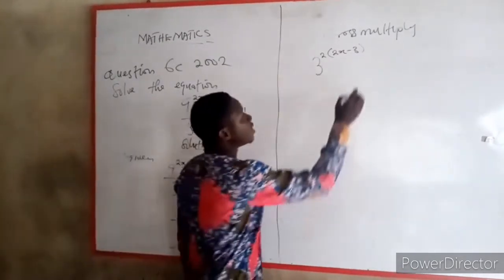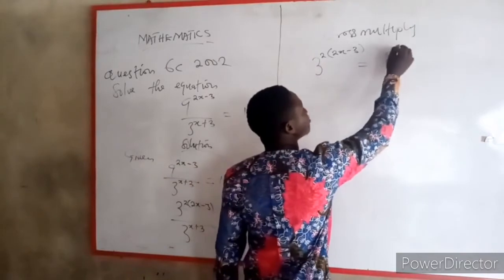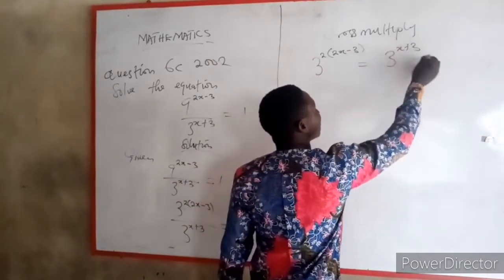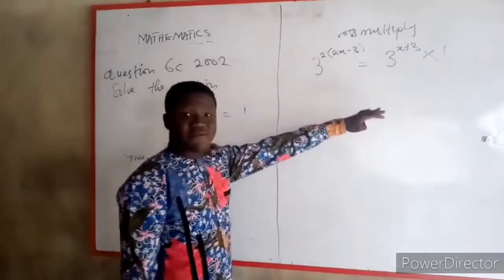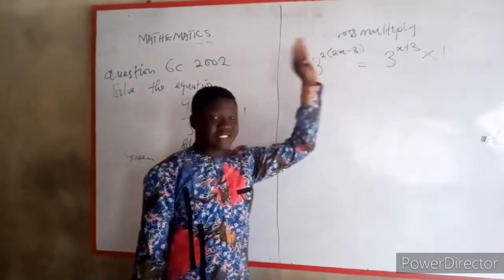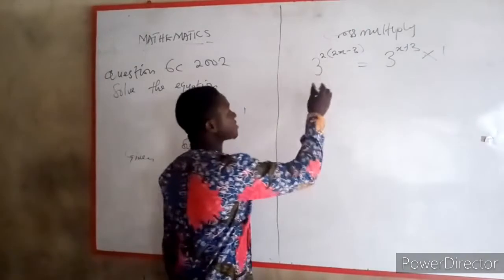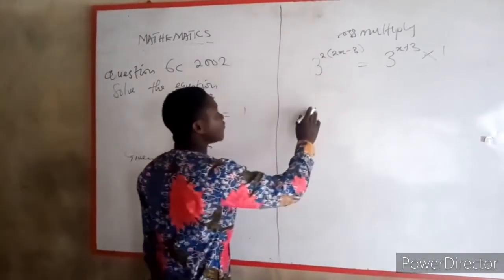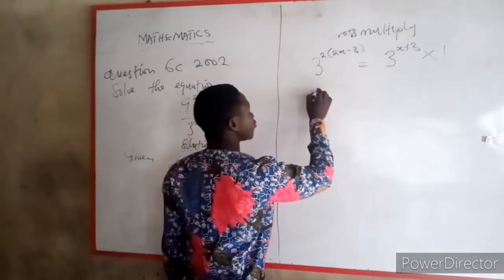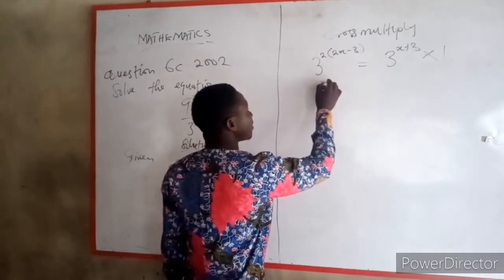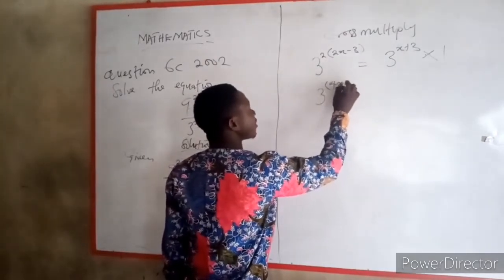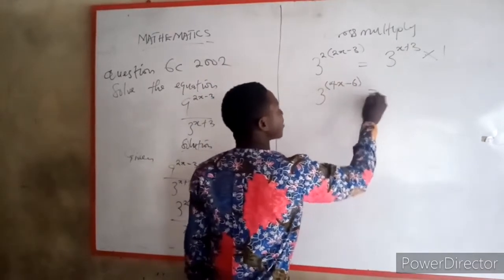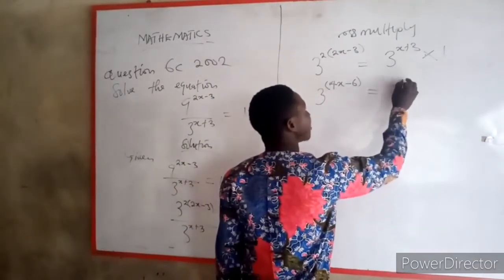That will give me 3 raised to the power x plus 3 times 1. And you know that every number multiplied by 1 is itself. So next step, 2 will go into the power there. So it gives me 3 in bracket 4x minus 6 equal to 3 raised to the power x plus 3.